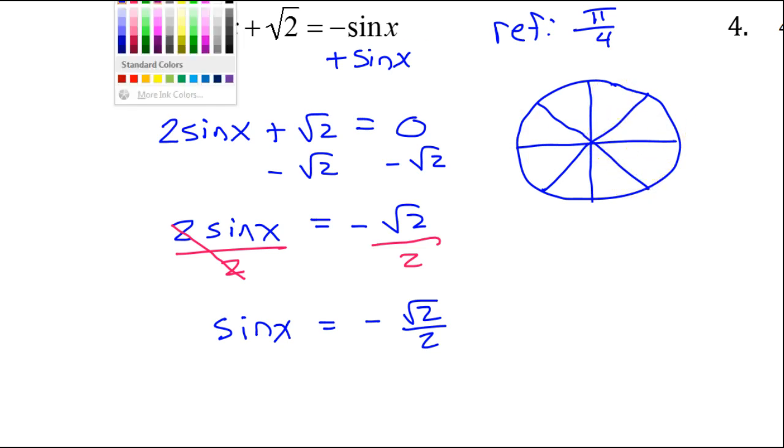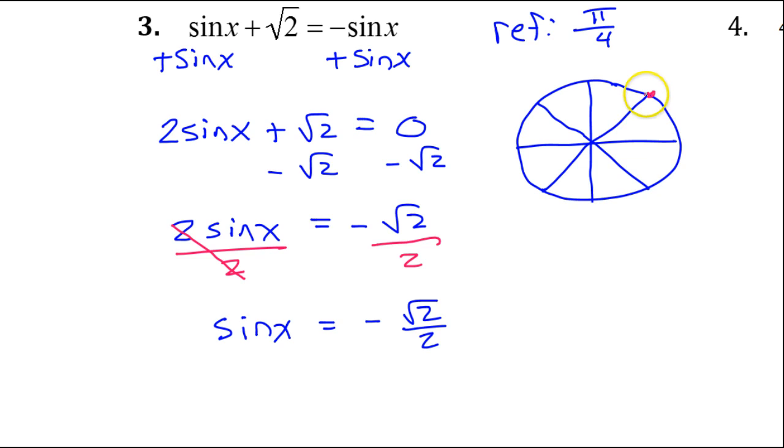So now reference angles. You're always going to have 4 angles on the unit circle that have the same reference angle: the 2 right above the x-axis and the 2 right below the x-axis. So these are the 4 angles that have a reference angle of pi over 4.